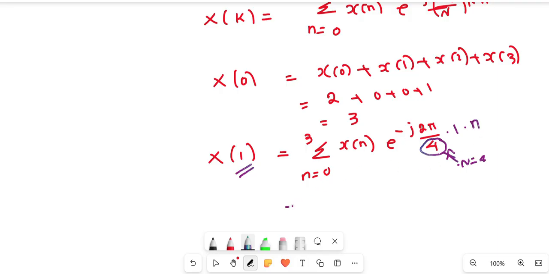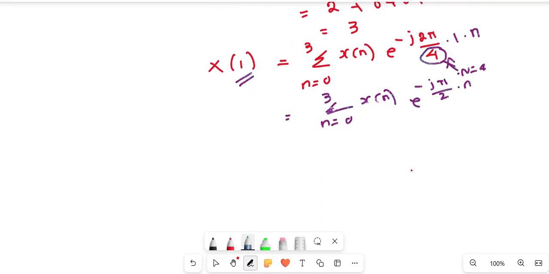So you can simplify: summation of n equal to 0 to 3 of x of n e power minus j pi by 2 into n. Again you can reduce the equation, summation of n equal to 0 to 3.